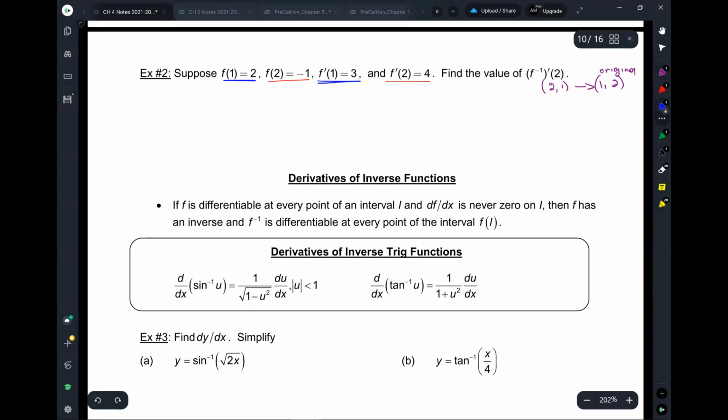So what's the slope at 1? 3. So f inverse prime at 2 is 1 over f prime at 1, 1 over 3. That's it. So these two are extra information.